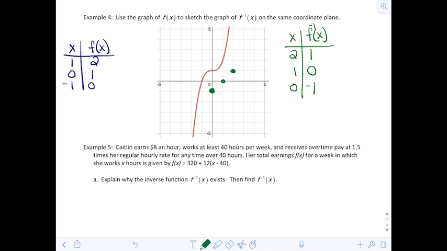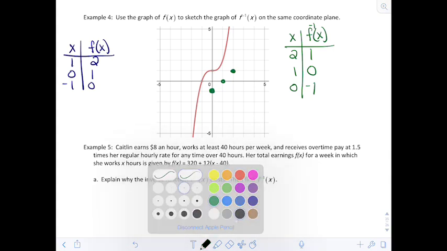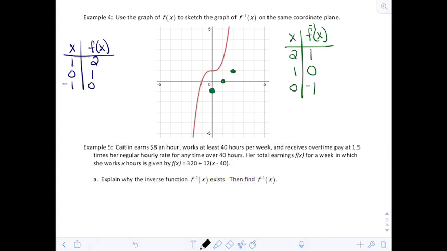Okay, so this is not super easy to draw because right now those 3 points make me want to just draw a line. However, I know that it has to have the same shape, and I know that they are reflected over the line y equals x. So as I draw this, I'm going to try to do this.